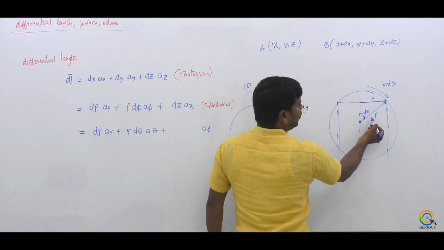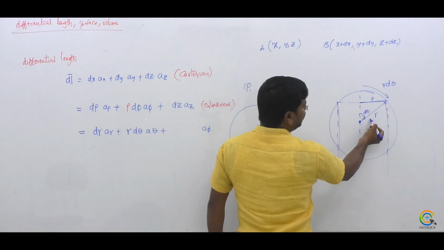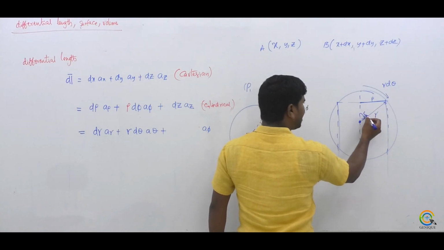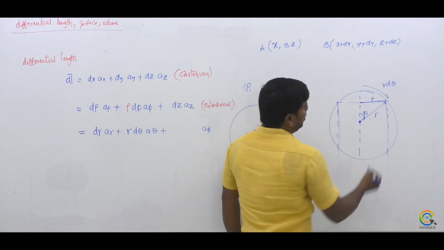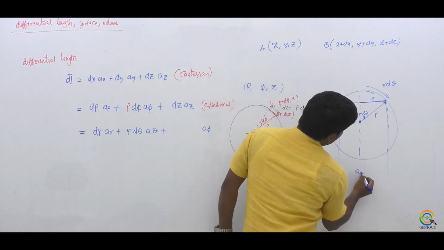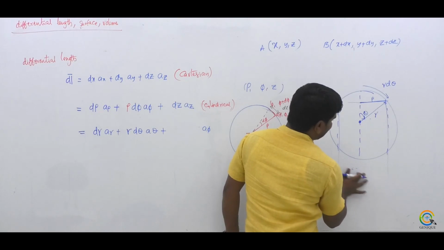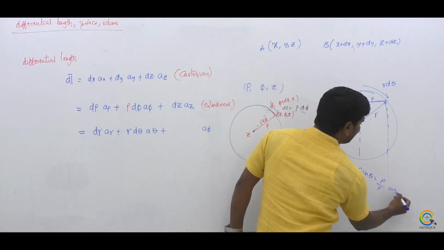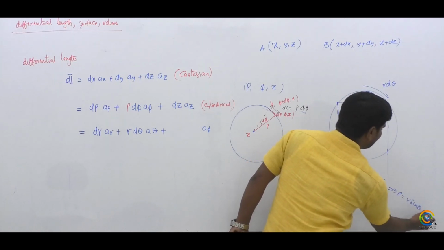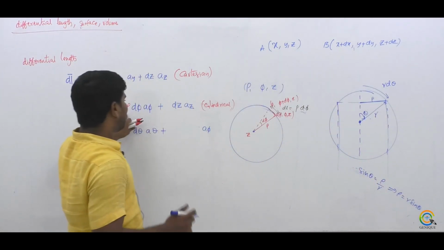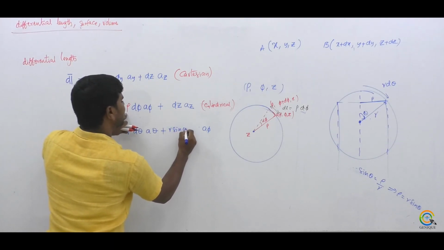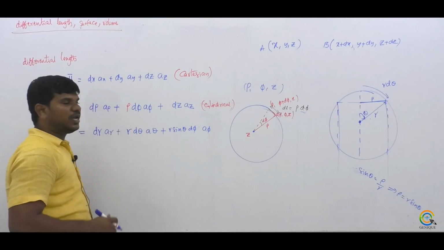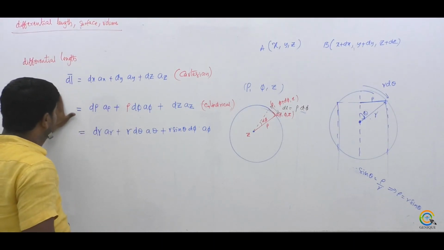What is rho here? Let us suppose this is theta. Sin theta is equal to rho divided by r. Here rho is equal to r sin theta. So in place of rho, I can write r sin theta d phi. Simple. So like this, I can write this dl.